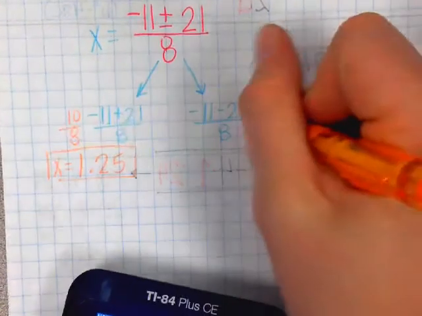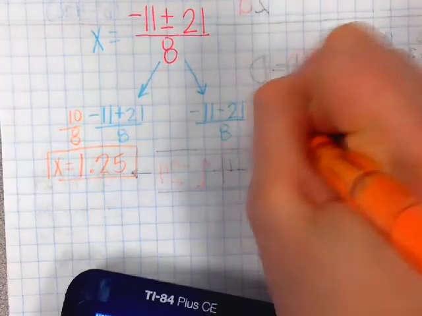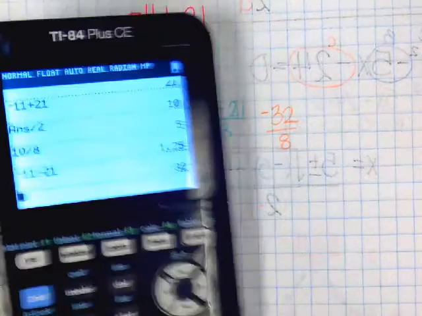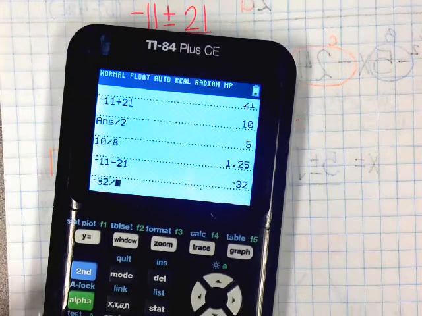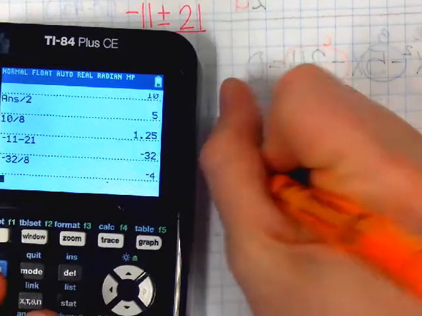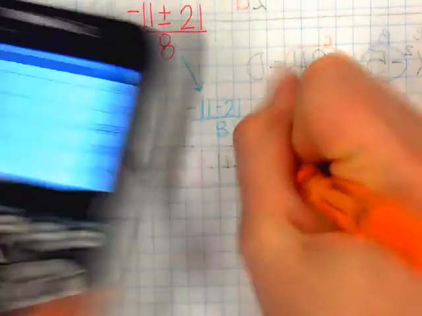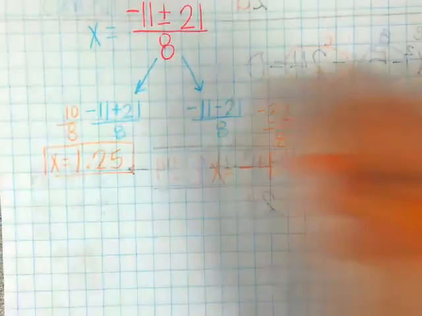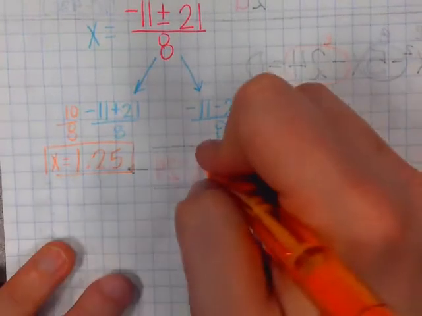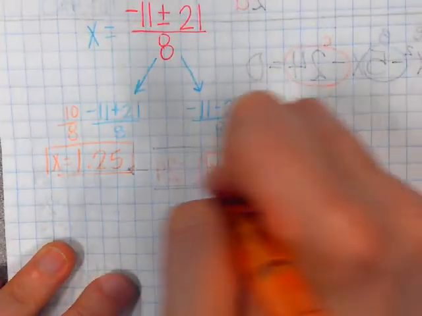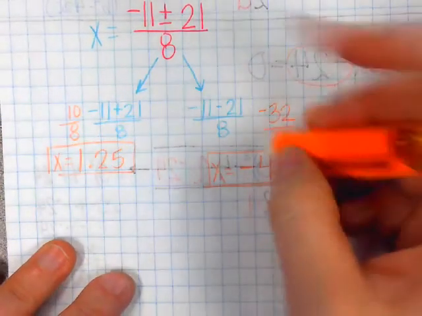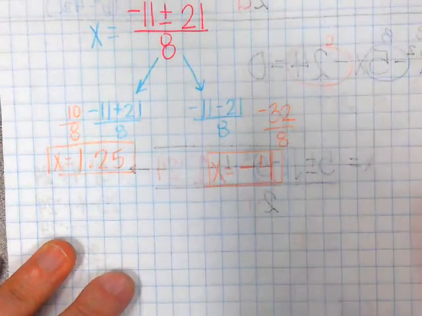Let me move my calculator so you can see it. And then negative 11 minus 21 is negative 32 divided by 8. So negative 32 divided by 8 would be negative 4. So x equals negative 4 and x equals 1.25.